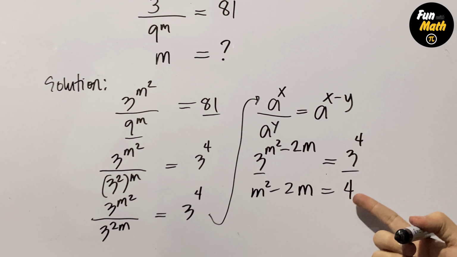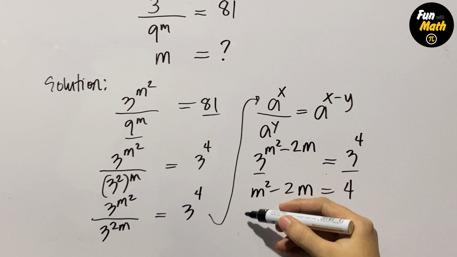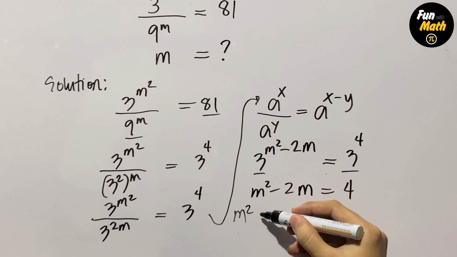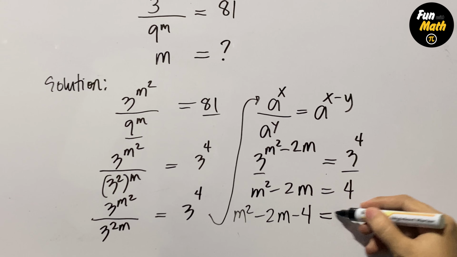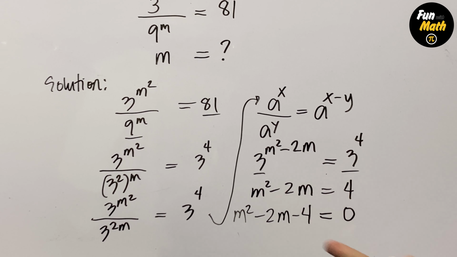Then we are going to take 4 to the other side, and that is m² minus 2m minus 4 is equal to 0. The next is, this is a quadratic equation. Therefore, to find the value of m, we can use the quadratic formula.